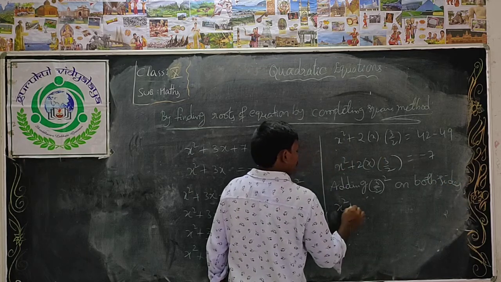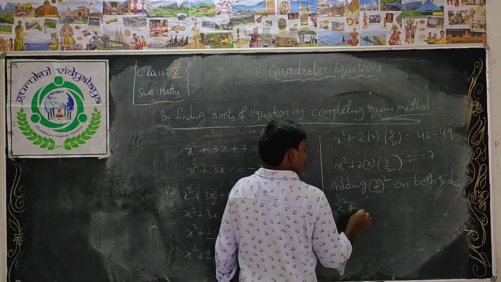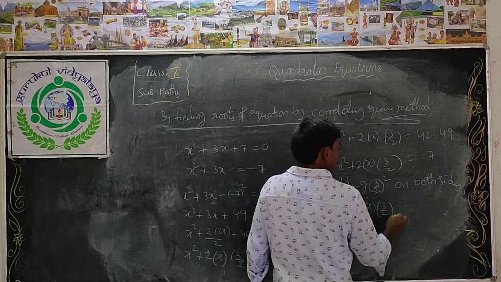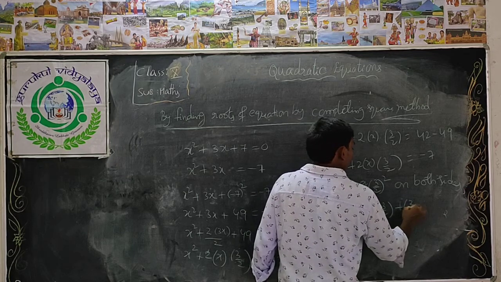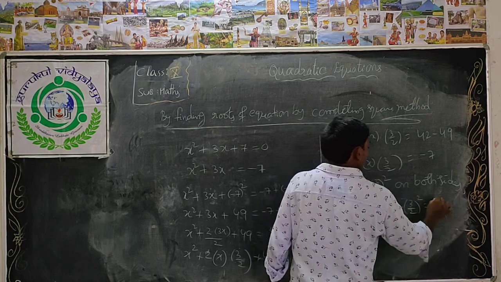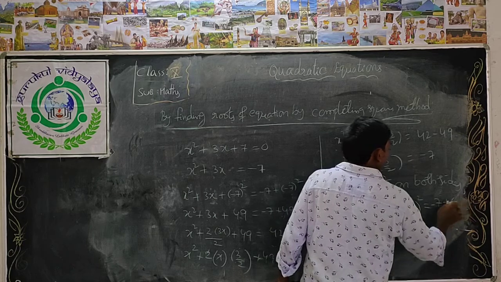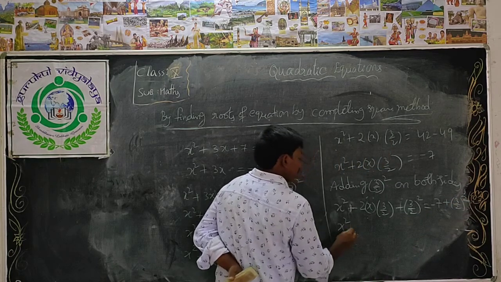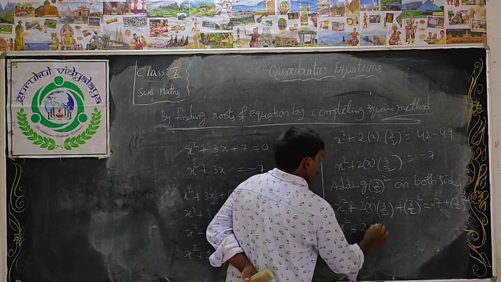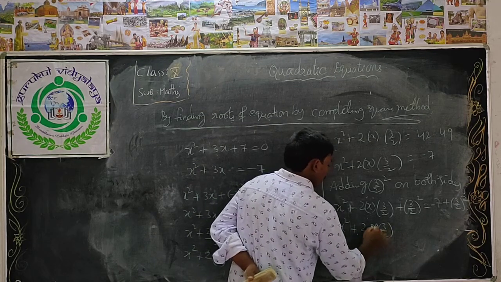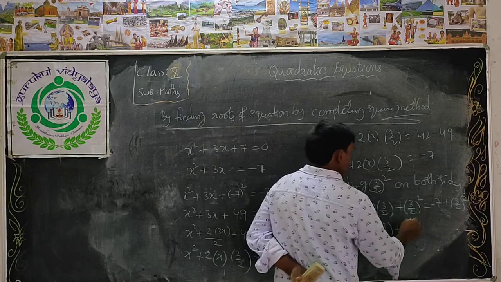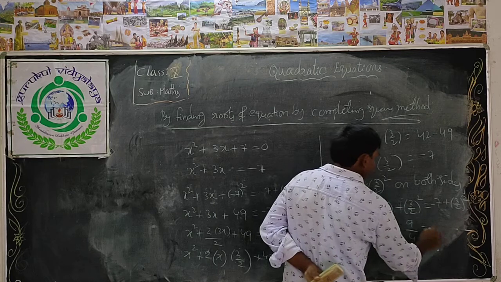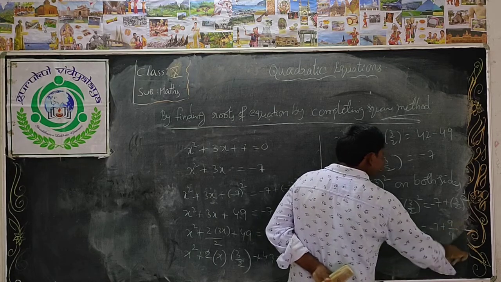x square plus 2x into 3 by 2 plus 3 by 2 whole square is equal to minus 7 plus 3 by 2 whole square. Okay children, x square plus 2ab plus b square, 3 square is 9, 2 square is 4, is equal to minus 7 plus 9 by 4.